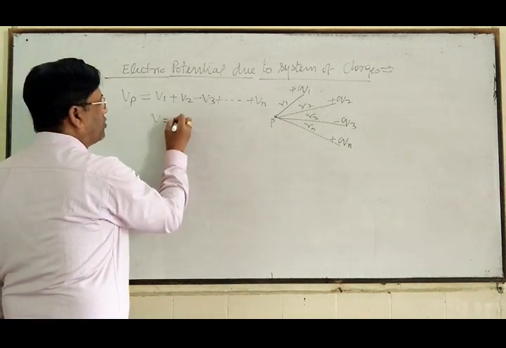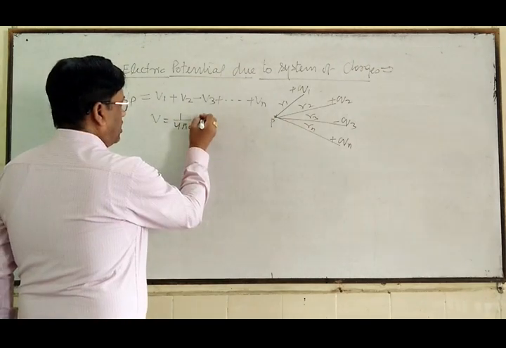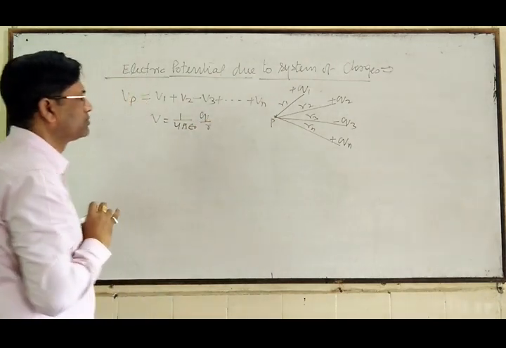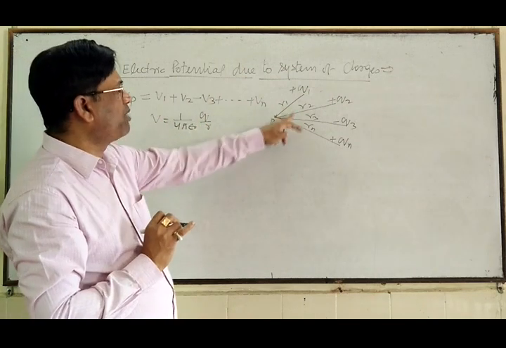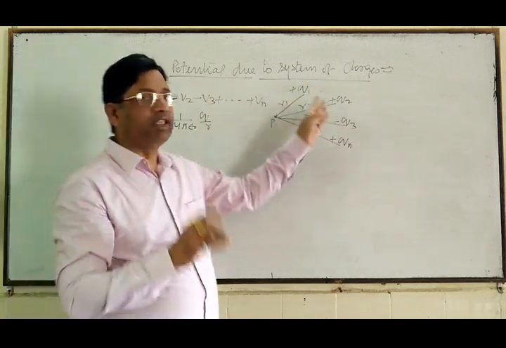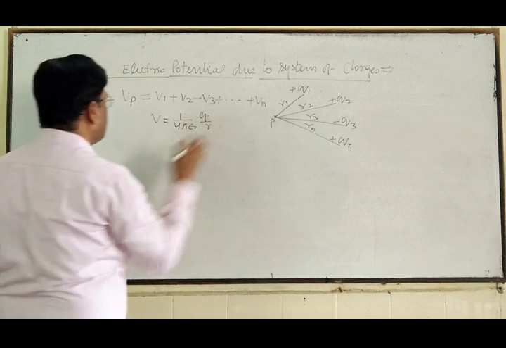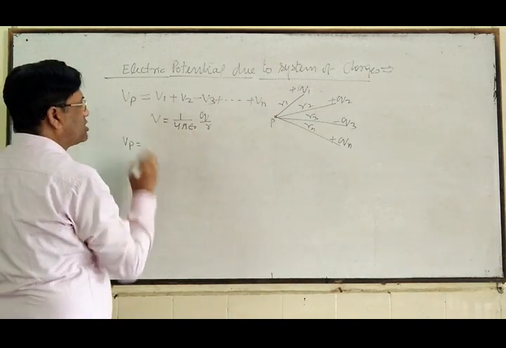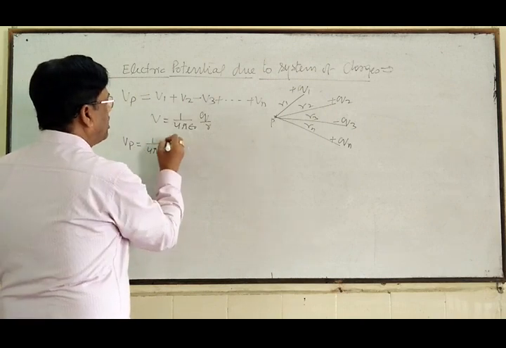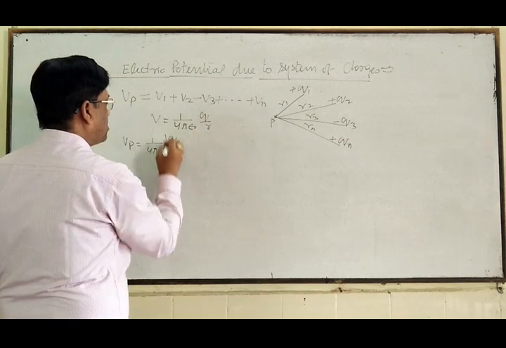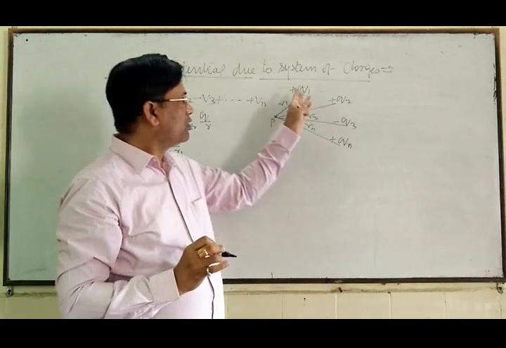The potential V is equal to 1 upon 4 pi epsilon naught, Q upon R. So just see, this part will be common in all, and Q1 upon R1, Q2 upon R2 will be different depending upon their location and the amount of charge. Then net potential at P, VP, would be equal to 1 upon 4 pi epsilon naught, Q1 upon R1, because the charge is plus Q1.